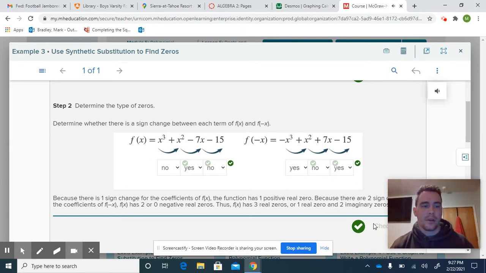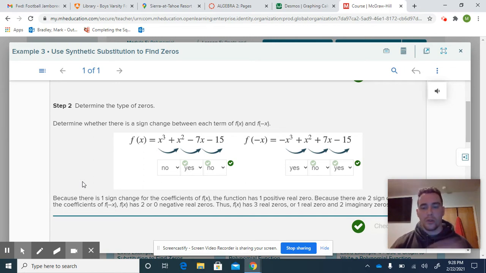Got that one. And because there is one sign change for the coefficients of f of x, the function has one positive real zero. Because there are two sign changes of the coefficients of f of negative x, f of x has 2 or 0 negative real zeros.